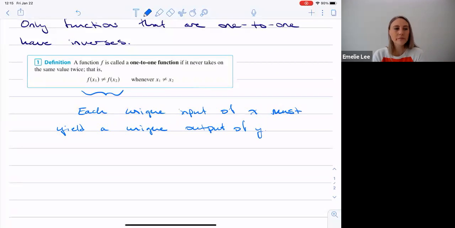Okay. Now we can check this. The easiest way to check if a function is 1-to-1 is graphically, but I'll also show you how to use this definition in order to check it mathematically or algebraically.